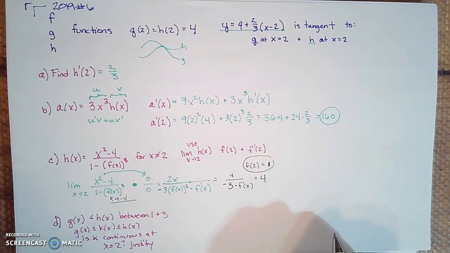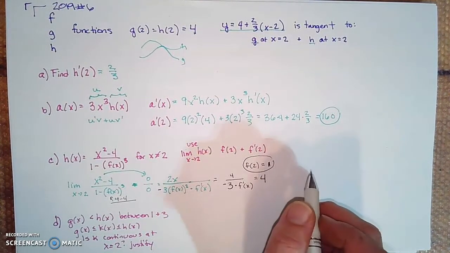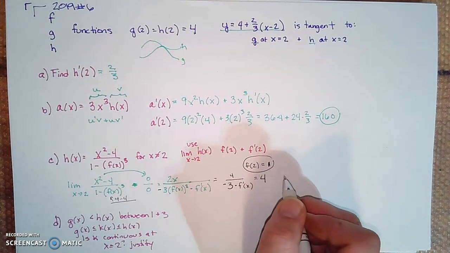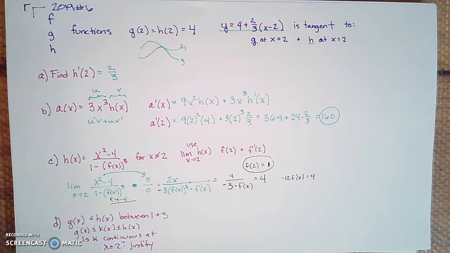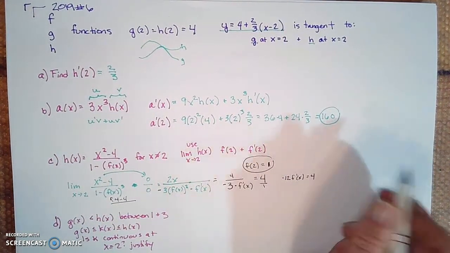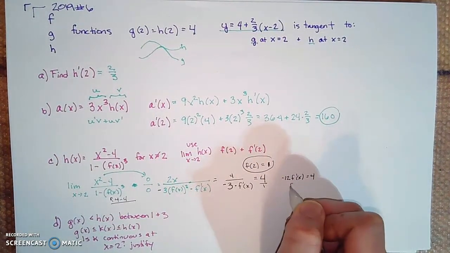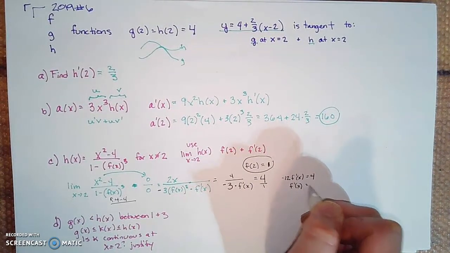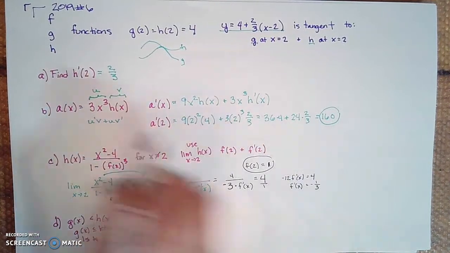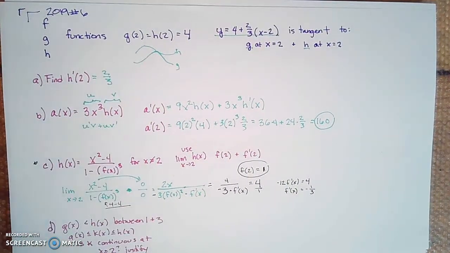And because I know that, I can now find f prime of x by dividing both sides by negative 3. Let's do it the fast way. Turn this into a fraction. I've cross multiplied, so f prime of x equals 4 over negative 12, which equals negative 1/3. Once again, this was considered one of the harder problems on the AP.